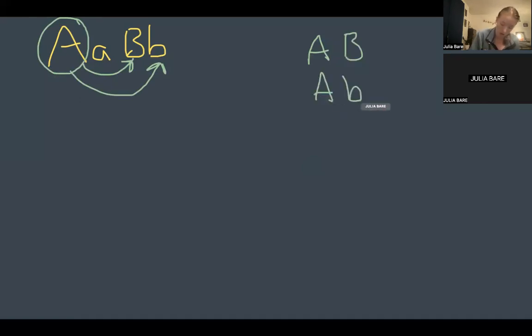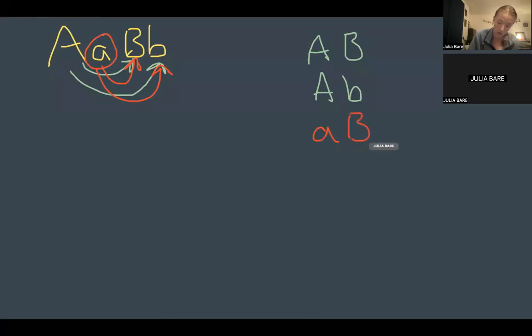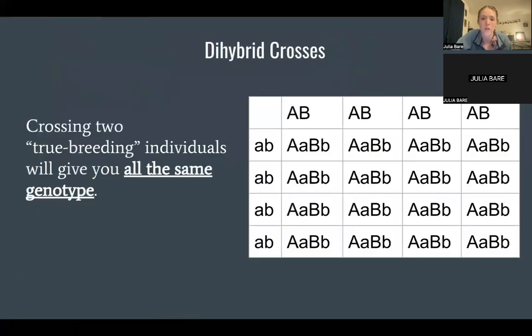And then this little a is going to end up with either the big B or the little b. So you can get little a, big B, or little a, little b. So those are your possible options for your gametes for this particular cross. Okay.